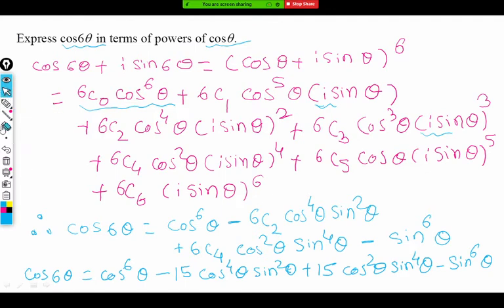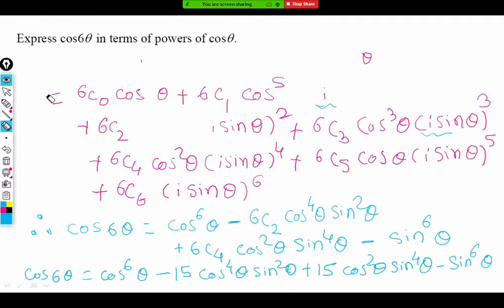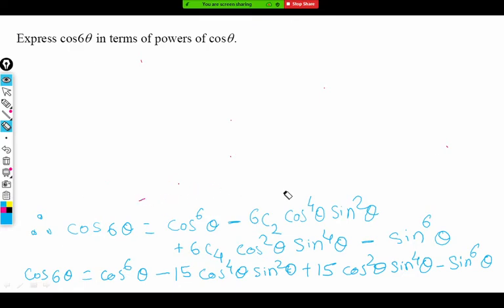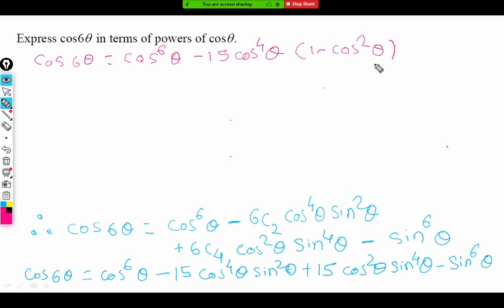So let me quickly finish this. The next part is to replace every sine square by 1 minus cos square, and you will get the answer. So cos raised to 6 theta stays as it is, minus 15 cos raised to 4 theta as it is, times sine square theta, which is replaced as 1 minus cos square theta.